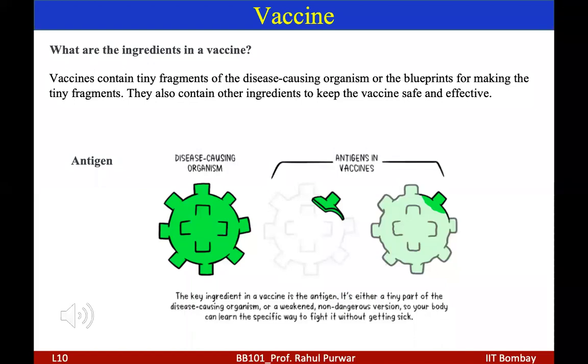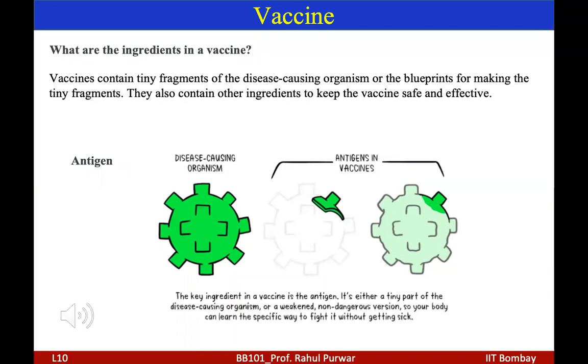And they also contain other ingredients to keep the vaccine safe and effective. So there would be the attenuated virus, or the spike protein, or the mRNA of the virus, plus some solution that can protect that component and keep that particular vaccine component in an efficacious state. Okay.